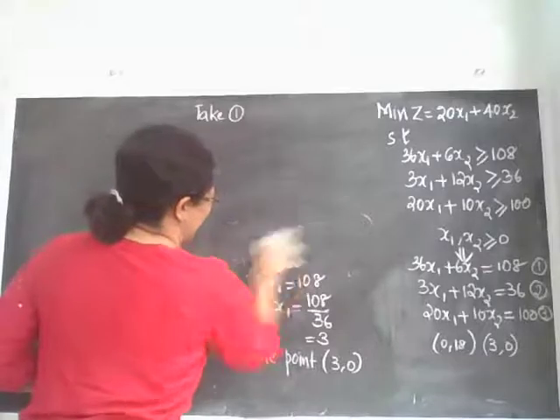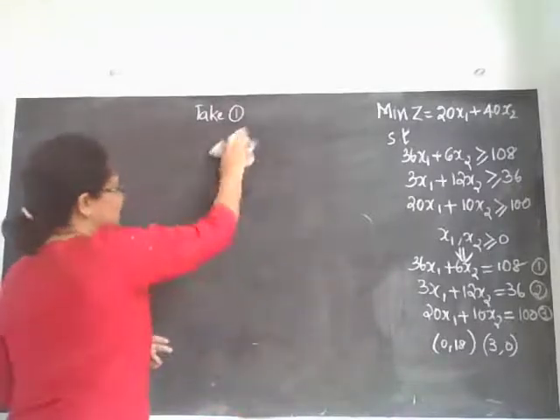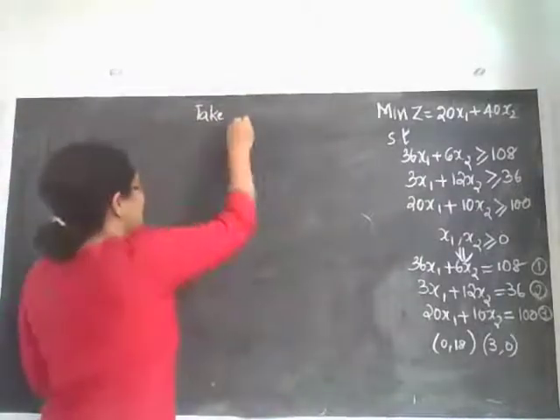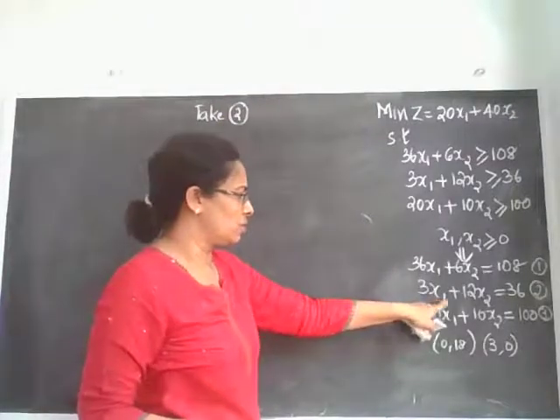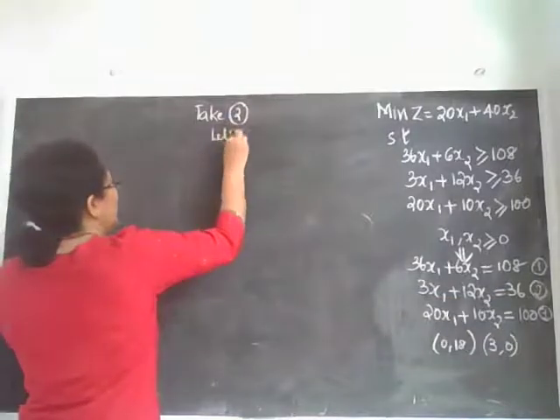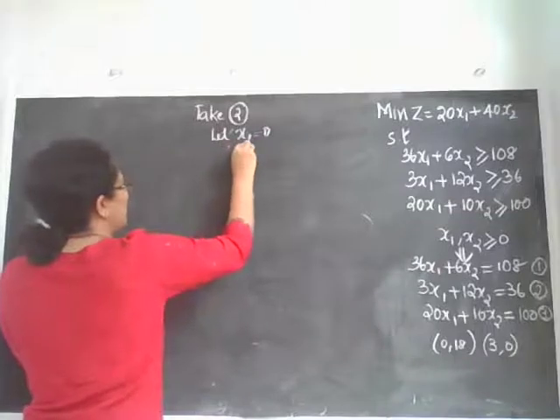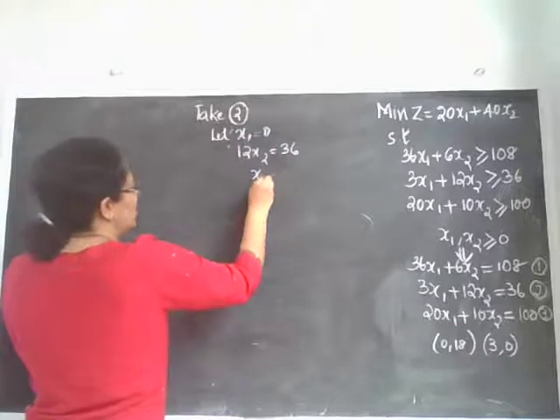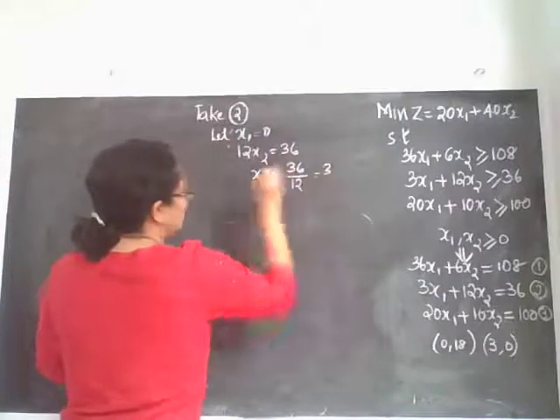Now take 2. Let x1 equal to 0. So 12x2 equal to 36. So x2 equal to 36 divided by 12, which is equal to 3.